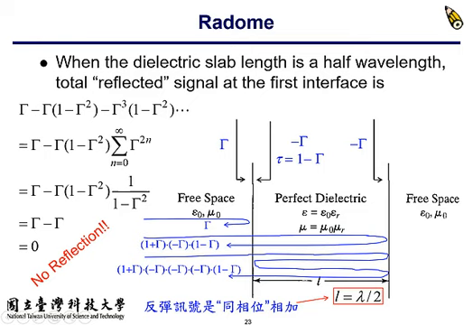So you don't have to worry about the phase change accumulating through this bouncing back and forth passes. So under this condition, the resulting analytical solution for this infinite series happens to be gamma. So you have gamma minus gamma, and it becomes 0, which means you don't have reflection.